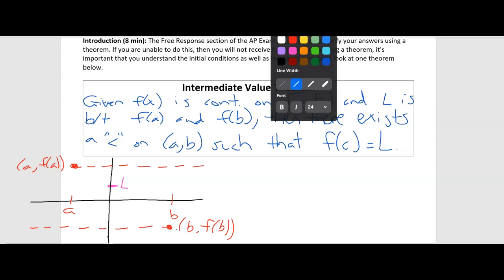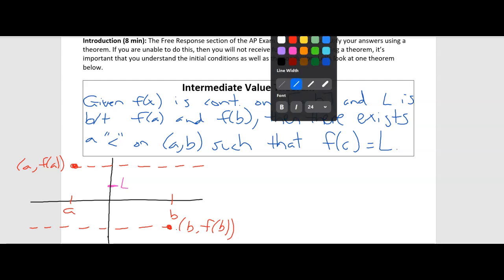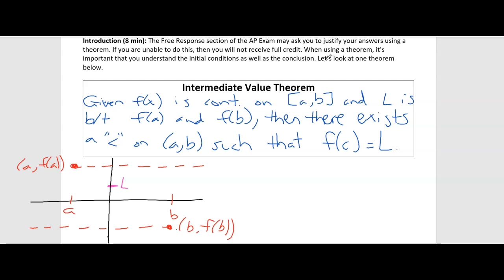Now, if I draw a function, we'll put that in blue. I'm just going to draw a function that looks like this. It is guaranteed to hit that y value of L. And the x value for when it hits that y value is going to be between a and b as well.